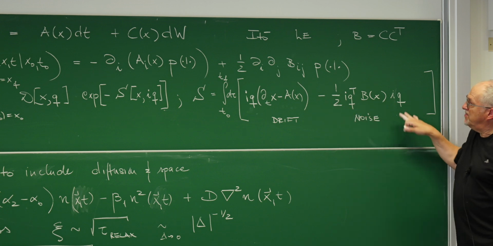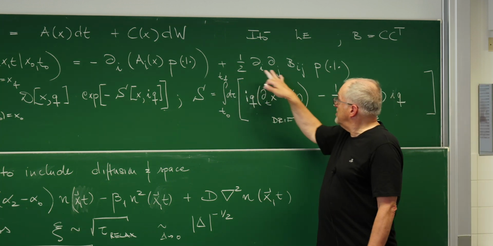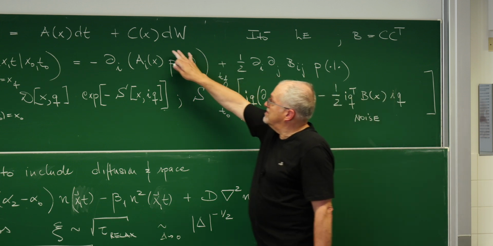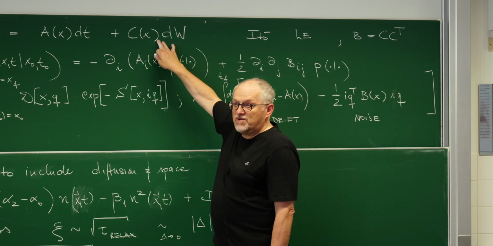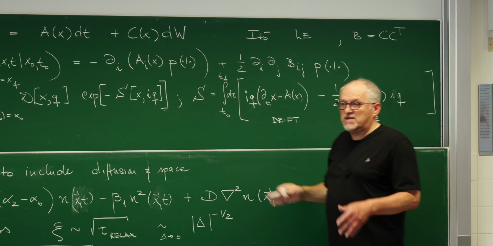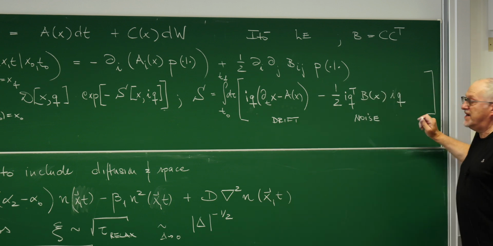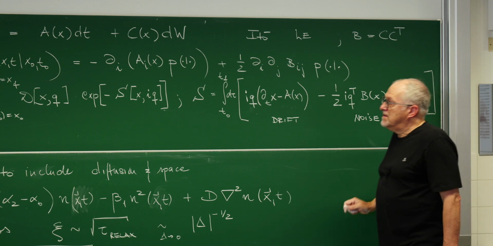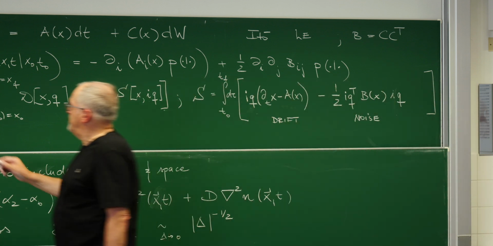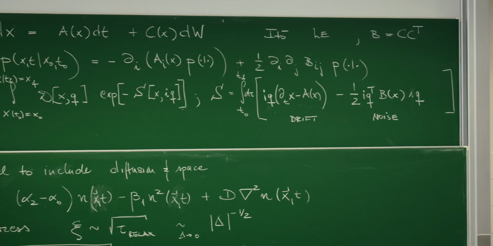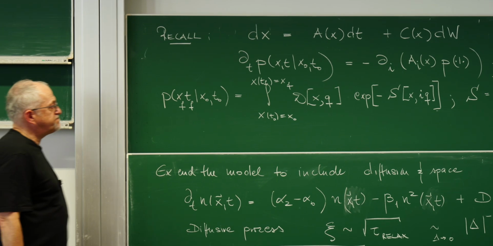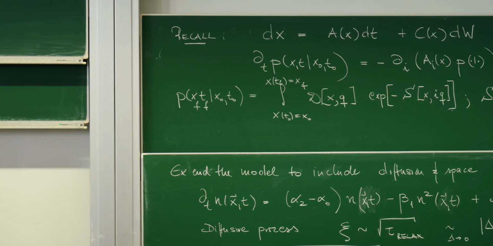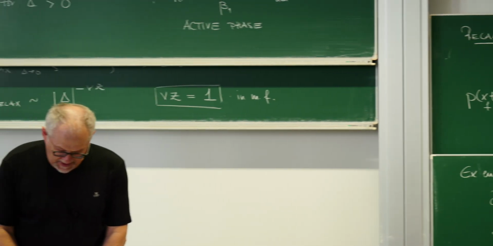And the second term here comes from the Langevin noise that you have here in the Fokker-Planck equation or here in the corresponding Langevin equation, and it smears out the classical path by the noise amplitude that you have. Yeah? So that's P of x final at T final. Thank you. Okay, so that's as a reminder.